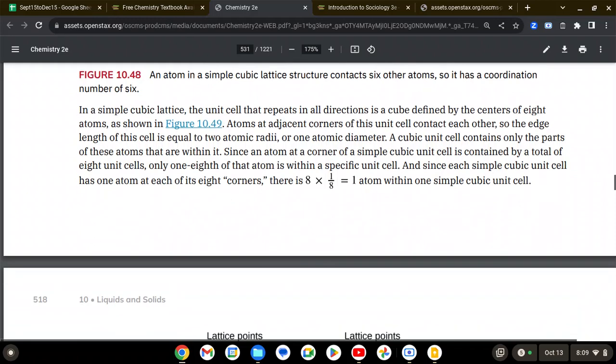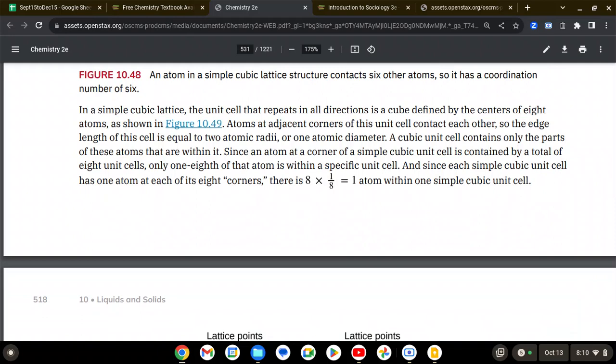In a simple cubic lattice, the unit cell that repeats in all directions is a cube defined by the centers of 8 atoms, as shown in Figure 10.49. Atoms at adjacent corners of this unit cell can contact each other, so the edge length of the cell is equal to 2 atomic radii, or 1 atomic diameter. A cubic unit cell contains only the parts of these atoms that are within it.